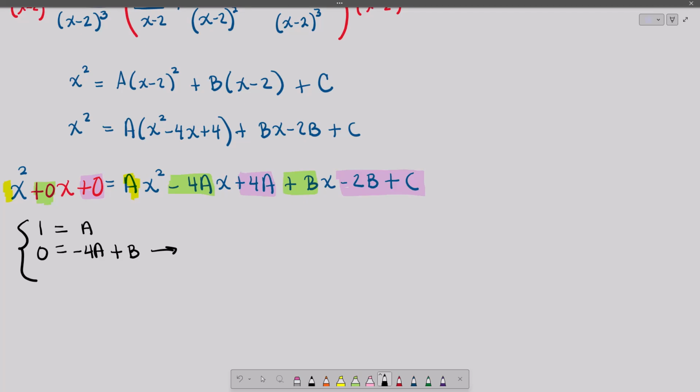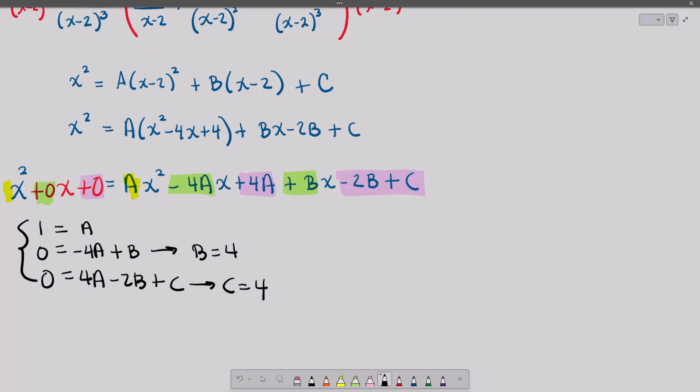So if A is 1, did anyone get B is 4? Yeah. And then C, you got C as 0? Yeah, so 4 minus 8, I'm getting 4? Yeah, I got 4. Okay.